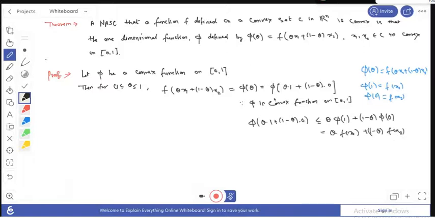So this value is equal to this thing, less or equal to this thing, and here you can write f(θx1 + (1 − θ)x2). So this is less or equal to θf(x1) + (1 − θ)f(x2).